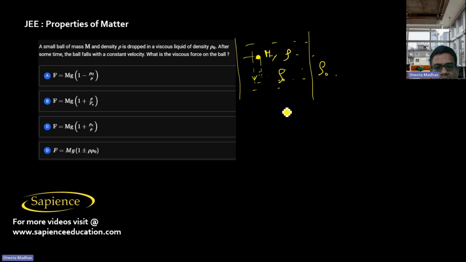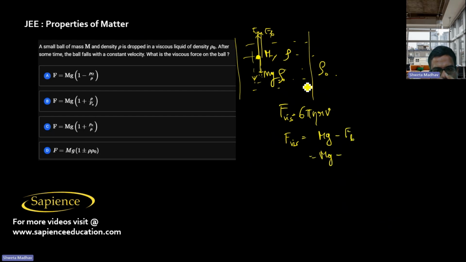So the viscous force on the ball, that is obviously 6 pi eta rb. Now viscous force plus the buoyancy force will be equal to mg. So viscous force will be equal to mg minus the buoyancy force, which is the weight of the liquid that is displaced, that is v rho naught g.